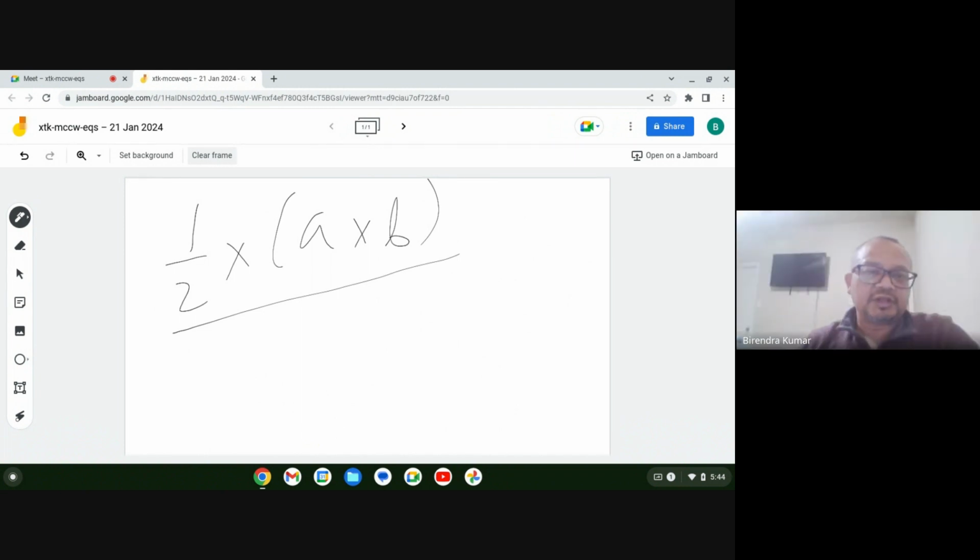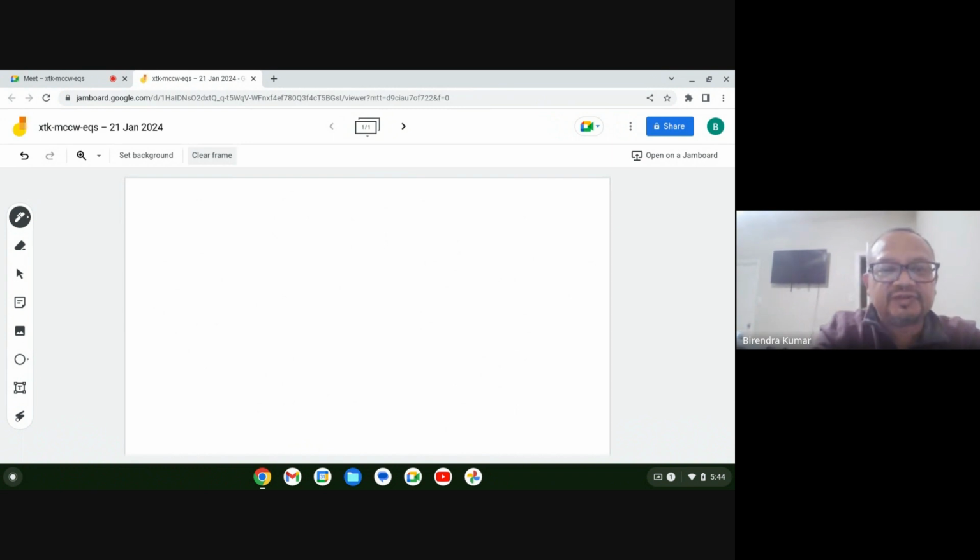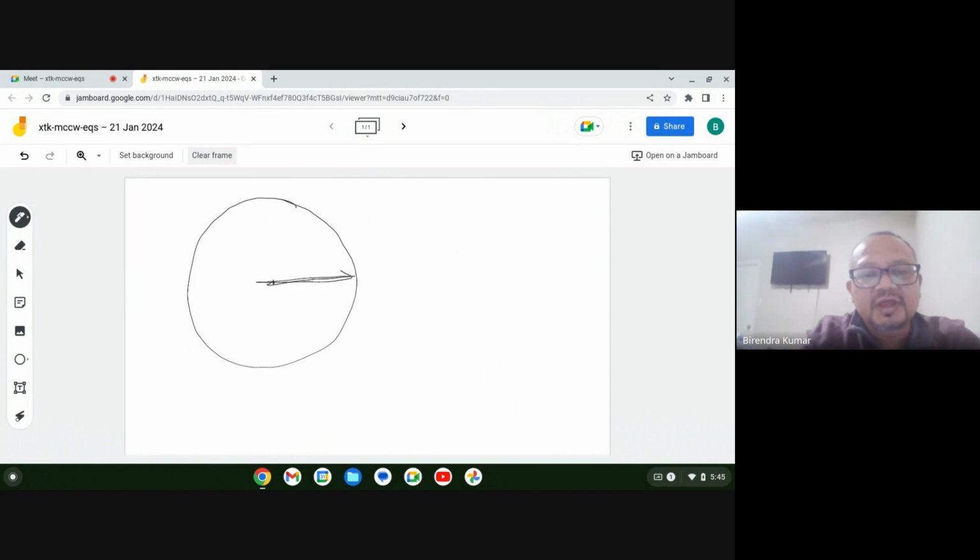Now let's go to another shape that you will deal with quite a lot. This is called a circle. How you make a circle is you take a radius. This is a radius, and keeping that radius, you rotate your compass, and that makes this shape.